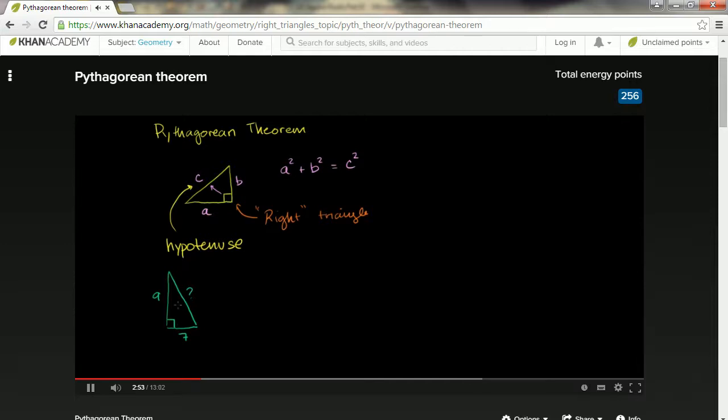Maybe we'll call that C. Well, C in this case, once again, is the hypotenuse, the longest side. So we know that the sum of the squares of the other sides is going to be equal to C squared. So by the Pythagorean theorem, 9 squared plus 7 squared is going to be equal to C squared. 9 squared is 81, plus 7 squared is 49.